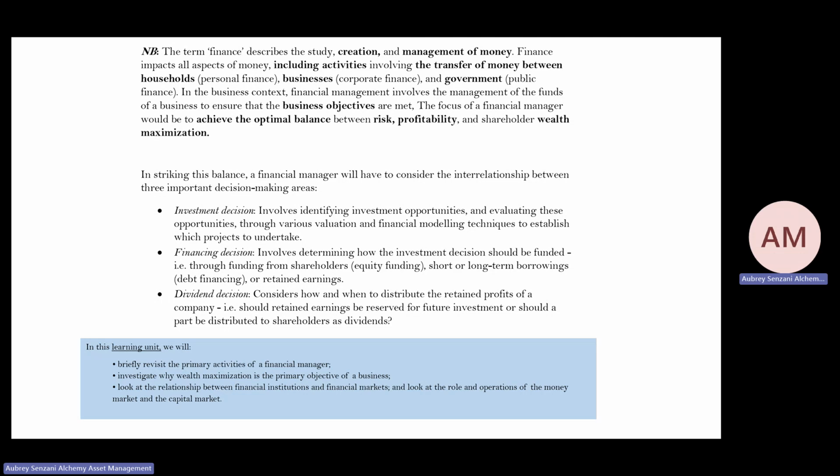So these are the decisions that the manager needs to understand and then make decisively, in order to balance the relationship between risk and profitability for the purposes of wealth maximization.